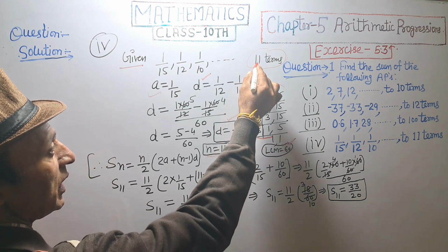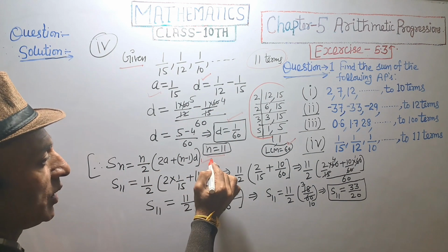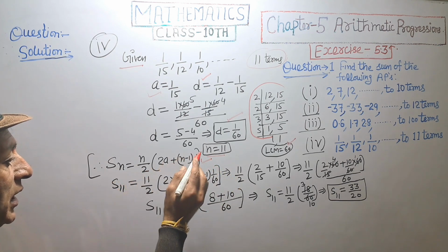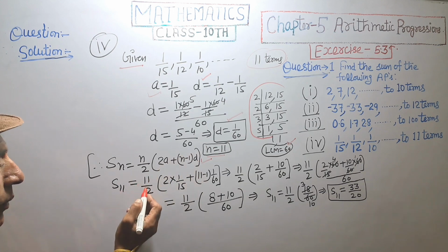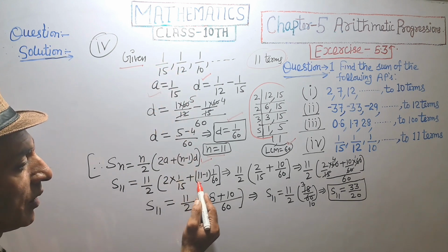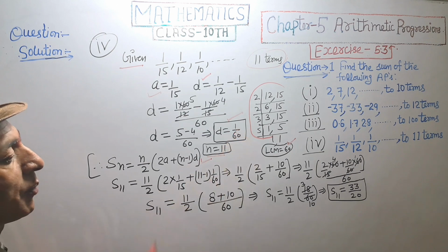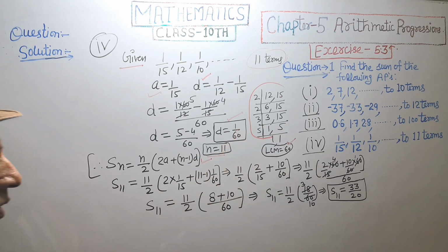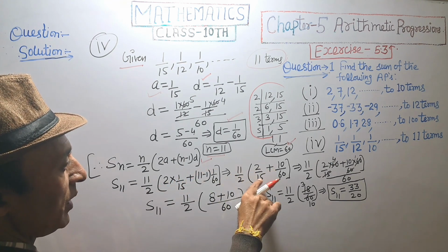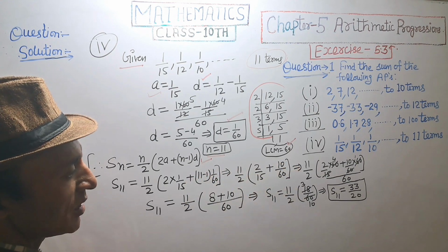N is 11, so Sn is equal to n upon 2, 2a plus n minus 1 into d. Applying the formula, n is 11, so S11 is equal to 11 divided by 2, 2 into a, which is 1 upon 15, plus 11 minus 1 into d, which is 1 upon 60. This implies 11 upon 2, 2 upon 15 plus 10 divided by 60.